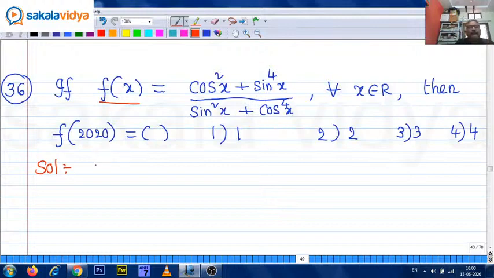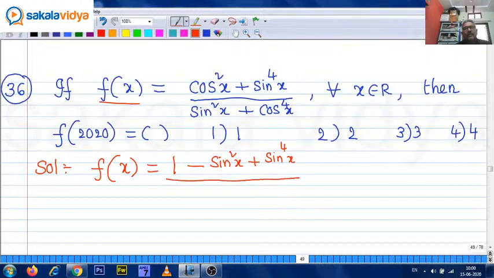So that's why, see, this f of x we can write. Now the cos square x can be written 1 minus sin square x from trigonometry plus sin x to the power of 4. This again upon the sin square x we can write 1 minus cos square x plus cos x to the power of 4.